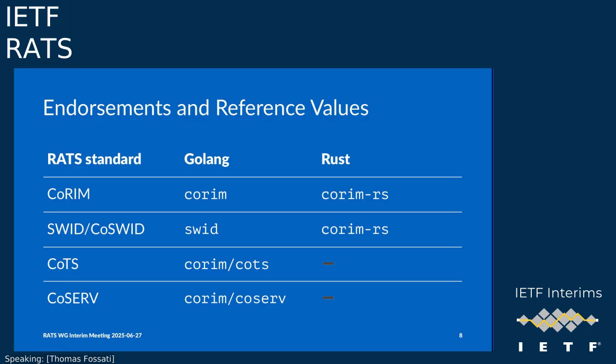Rust is a bit behind. We have just gotten this corim-rs from AMD, but it implements CoRIM and CoSWID, whereas CoTS and CoSERV are not yet there, although CoSERV might come very, very soon.